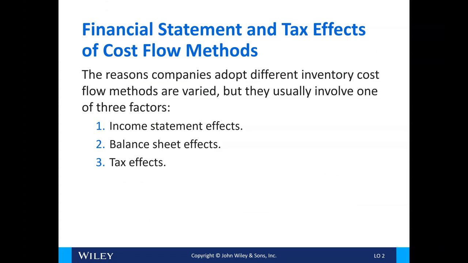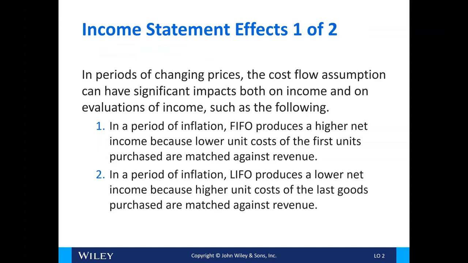So the time value of money becomes important. In periods of changing prices, the cost flow assumption can have significant impacts. In a period of inflation, FIFO produces a higher net income because lower unit costs of the first units purchased are matched against revenue.